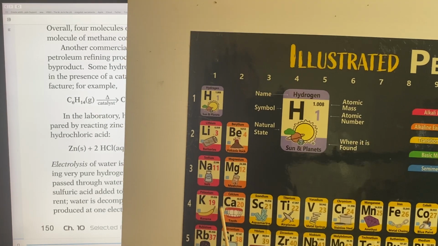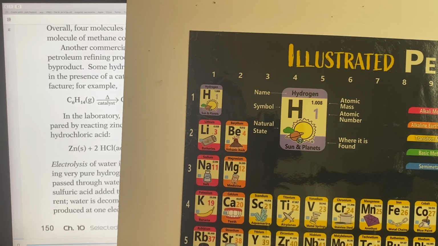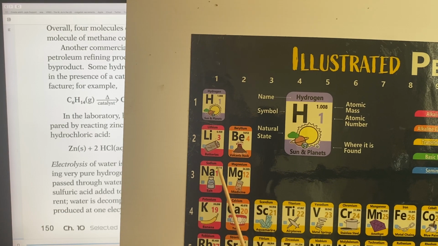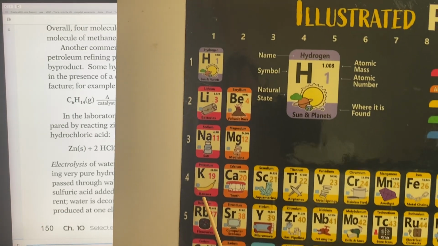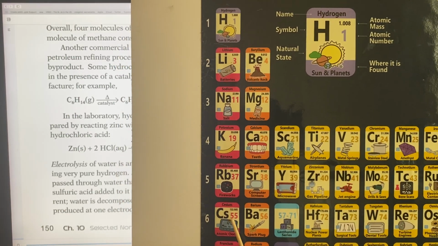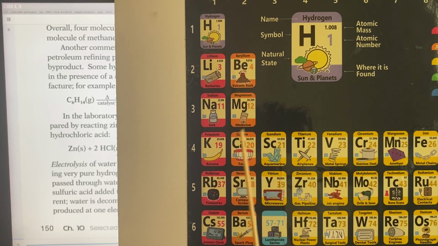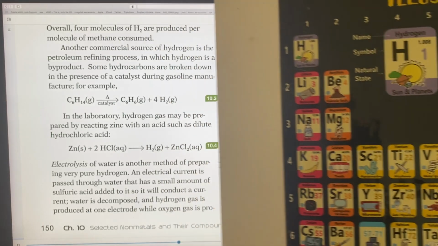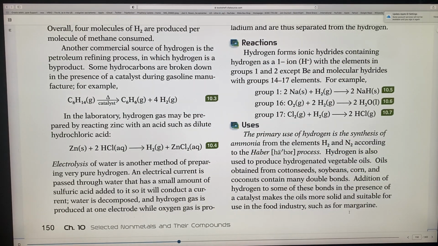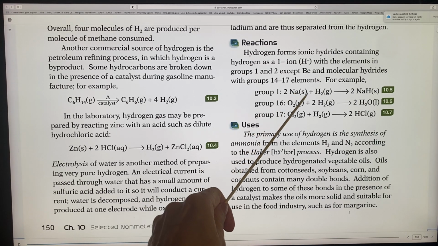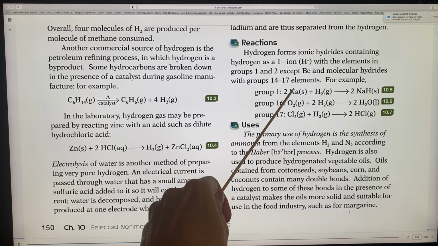All of these, lithium, sodium, potassium, rubidium, will combine with hydrogen in this method. If you had potassium, which is in group 1, it would look like this equation. Instead of Na, sodium, you put potassium, which is K.